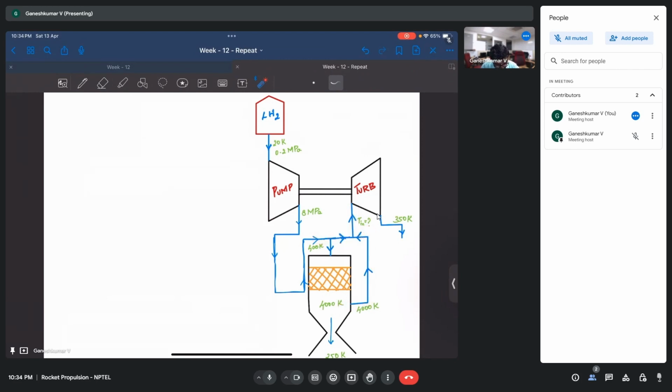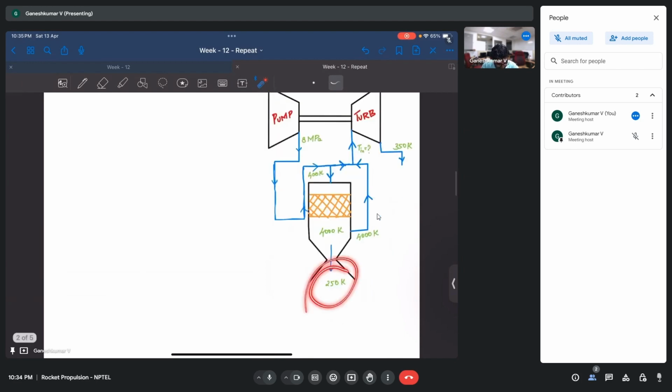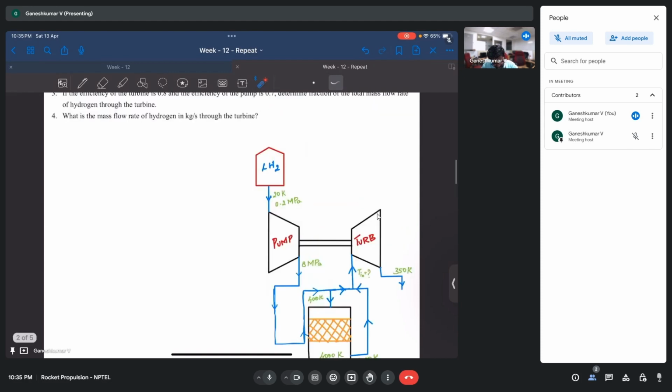We have to find it out. The exit temperature of the turbine is 350 Kelvin, the exit temperature of the nozzle is 250 Kelvin, and the combustion chamber temperature, or the temperature of the gas at the exit of the nuclear reactor, is 4000 Kelvin. So these are the inputs.